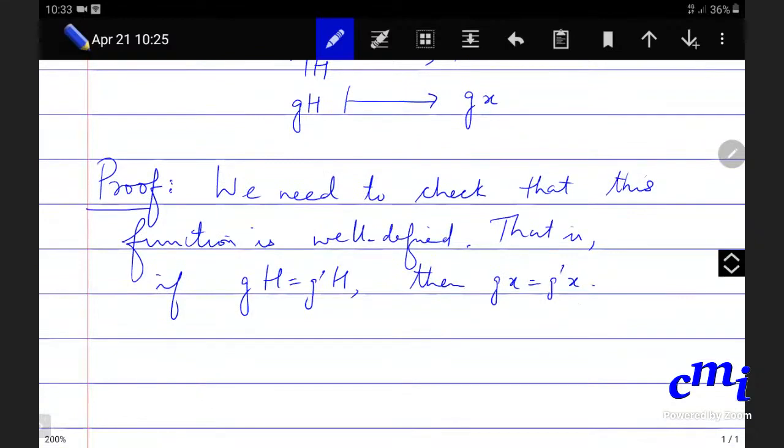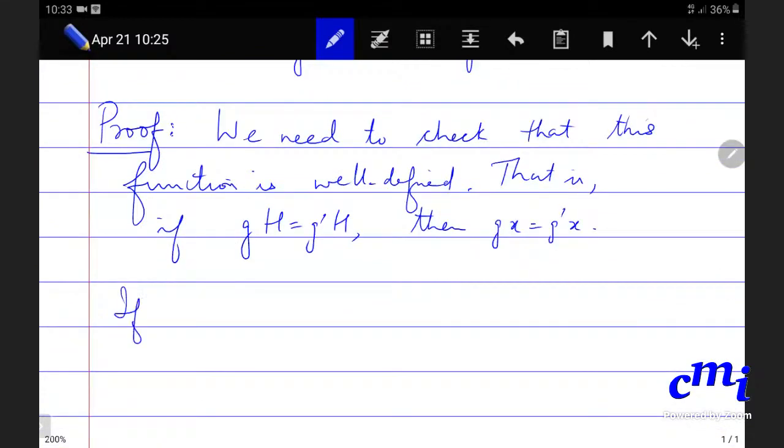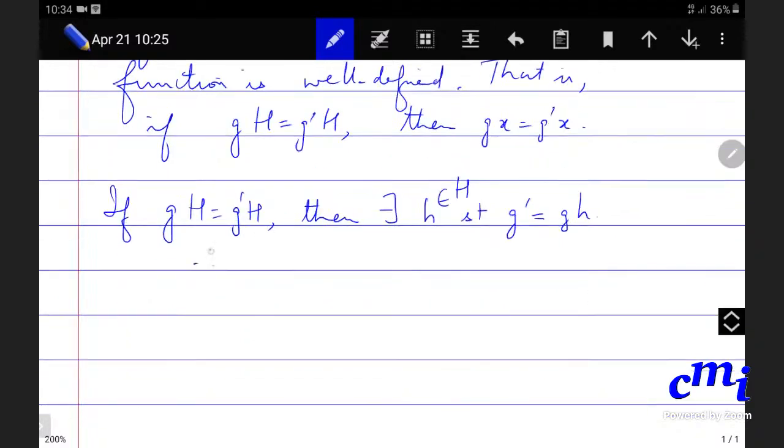So if gH is equal to g prime H, then there exists some h in H such that g prime is gh. So therefore, g prime x is ghx, and h is in the stabilizer.